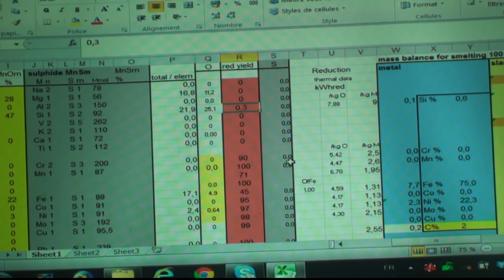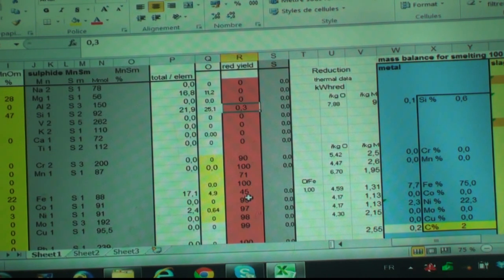Very low. And then you have magnesia, which is not reduced at all, of course. This is here. Magnesia not reduced at all. Silica very, very few.